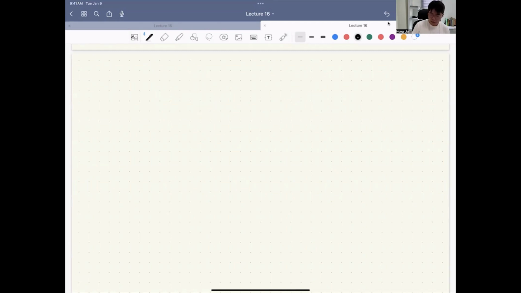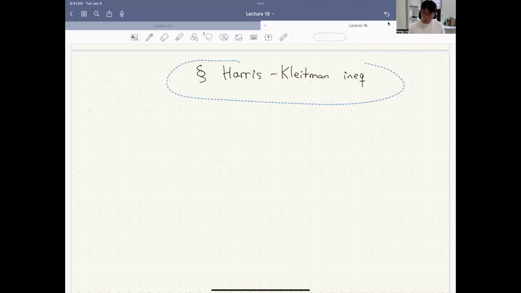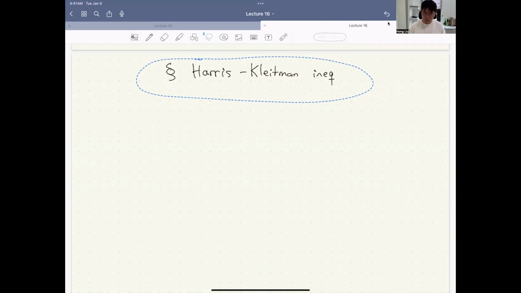I want to talk about a useful inequality called the Harris-Kleitman inequality. But before talking about this, I would like to start with some application.